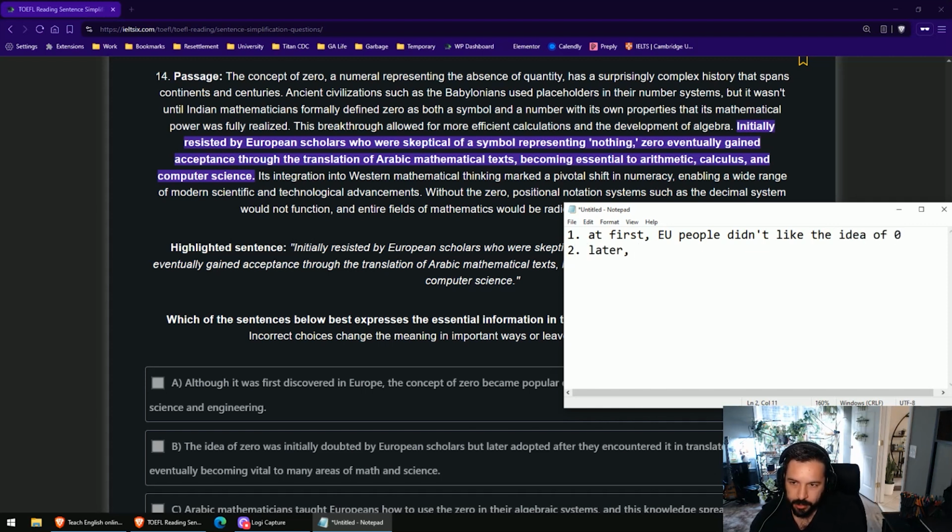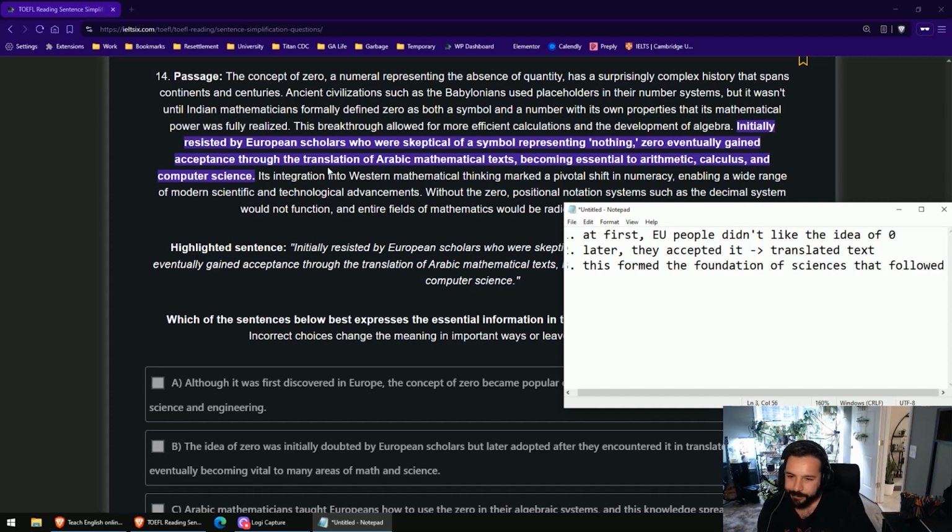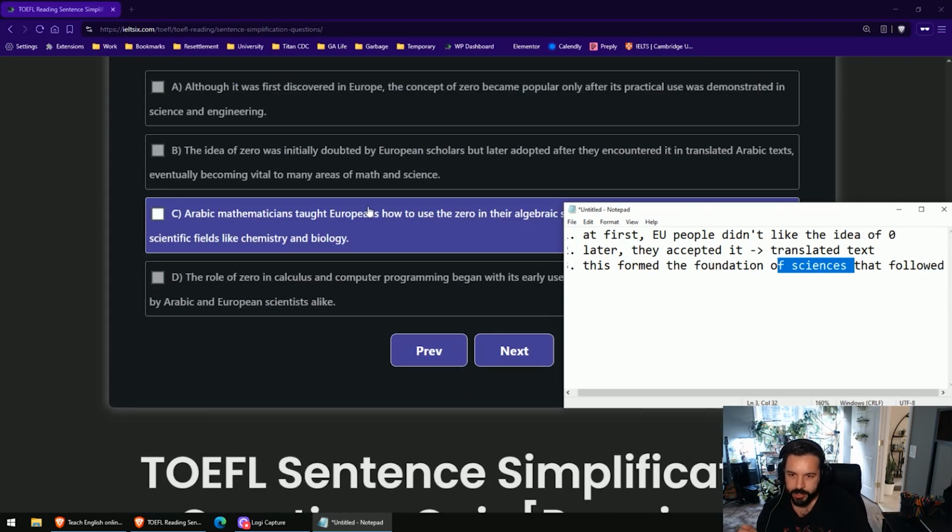Later, they accepted it. Why? Because they saw it or they read it in translated text. 3. This formed the foundation of sciences that followed. Okay. Obviously we don't say sciences, but again, we don't need to worry about it that much.